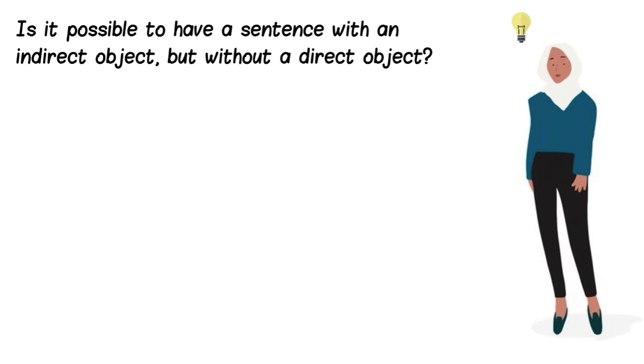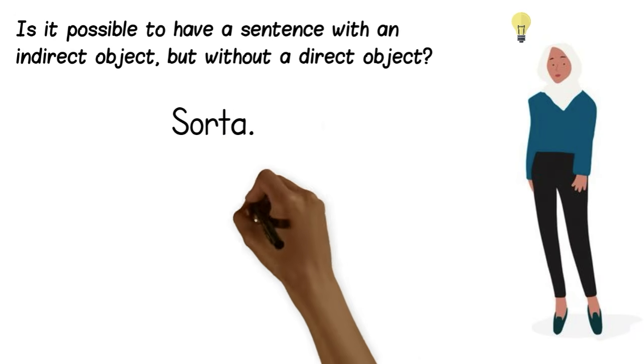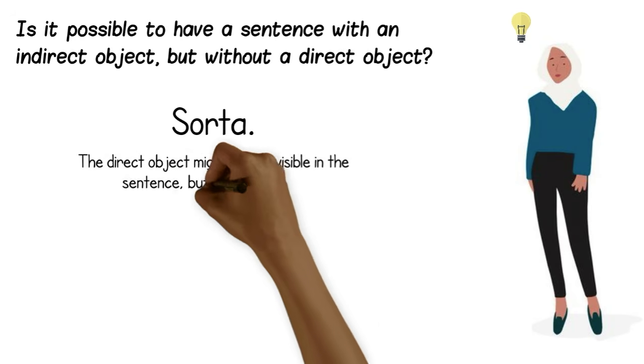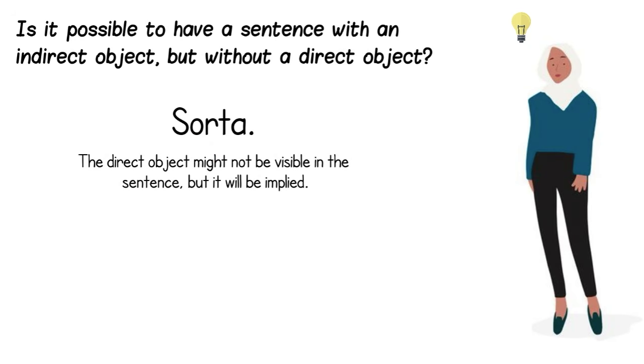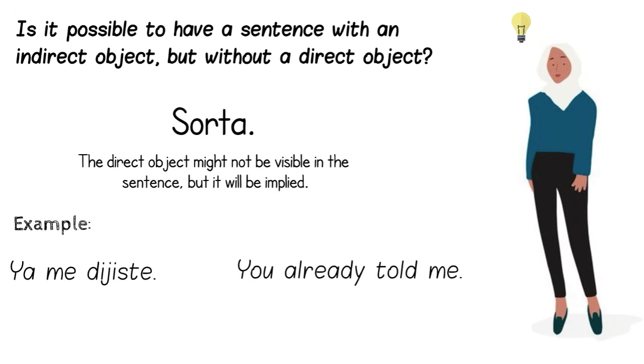Another idea you might have is, is it possible to have sentences with an indirect object, but without a direct object? Well, sort of. If there's an indirect object, the direct object is there. It just might not be visible in the sentence. For example, ya me dijiste, you already told me, is a nice simple sentence.